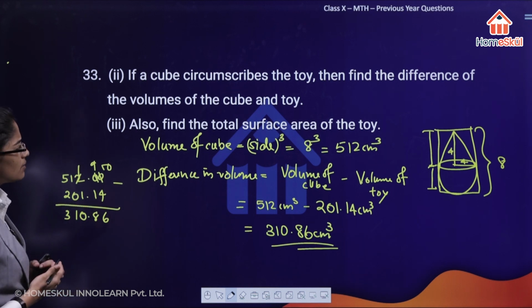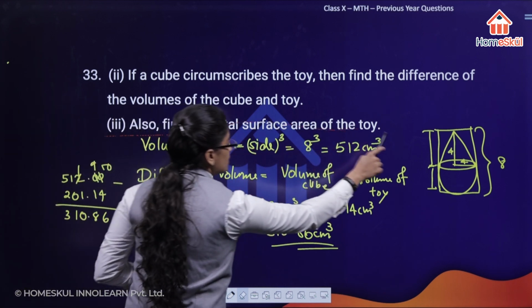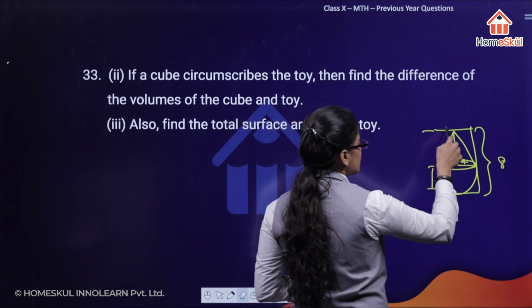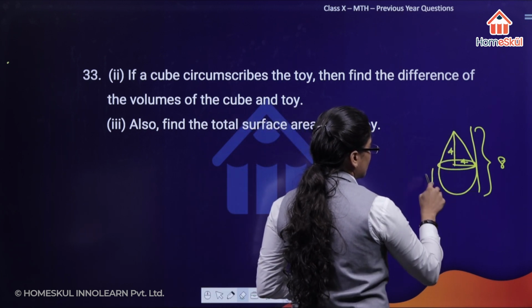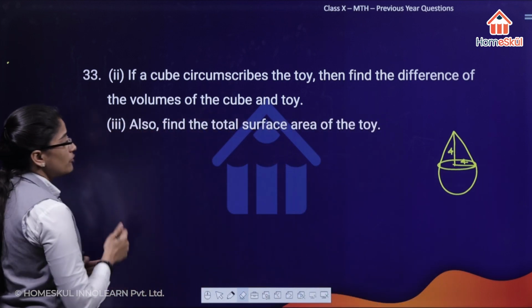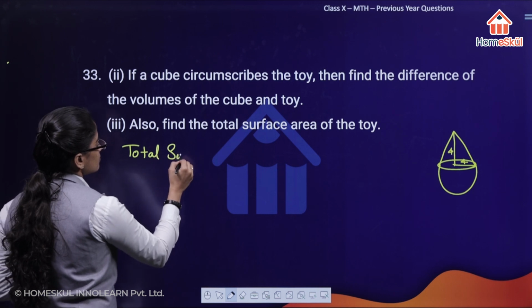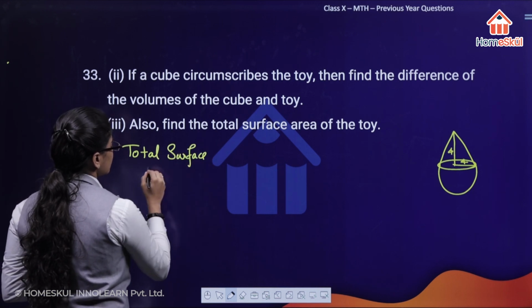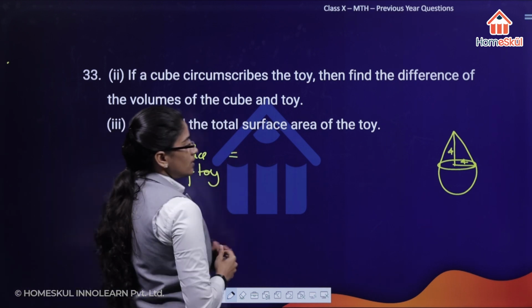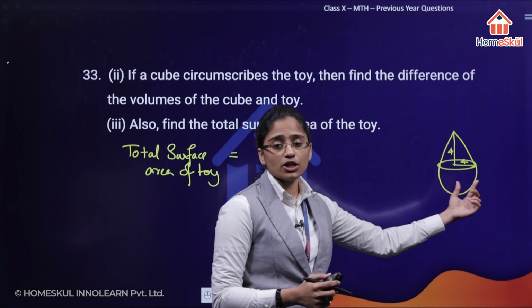And the third sub-question, we need to find the total surface area of the toy. So there we will consider the toy alone. The total surface area of the toy is equal to curved surface area of the cone plus curved surface area of the hemisphere.